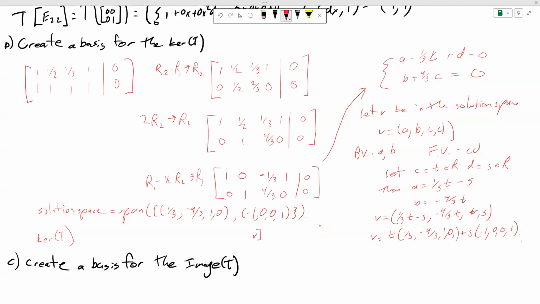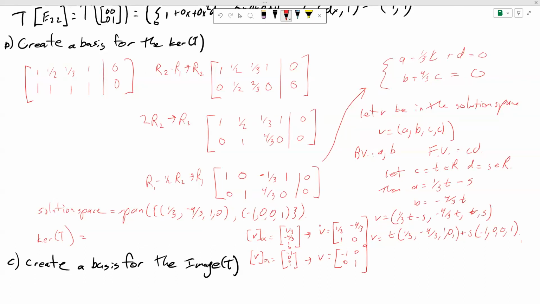So if V alpha equals (1/3, minus 4/3, 1, 0), this tells me that V equals the matrix [1/3, minus 4/3; 1, 0]. And if V alpha equals the coordinate vector (minus 1, 0, 0, 1), this tells me that V is going to equal the matrix [minus 1, 0; 0, 1].